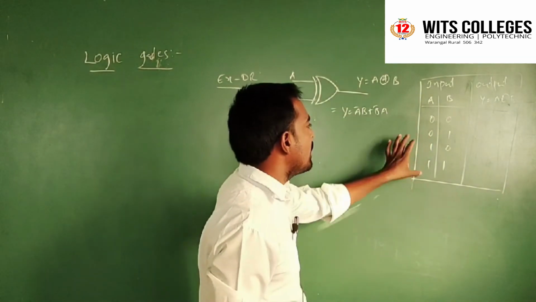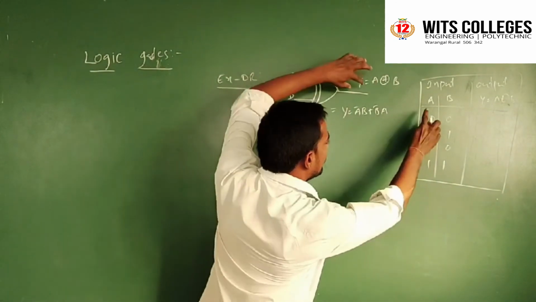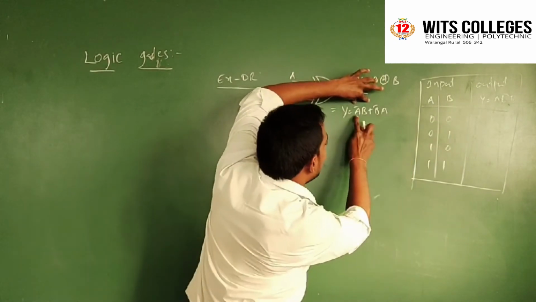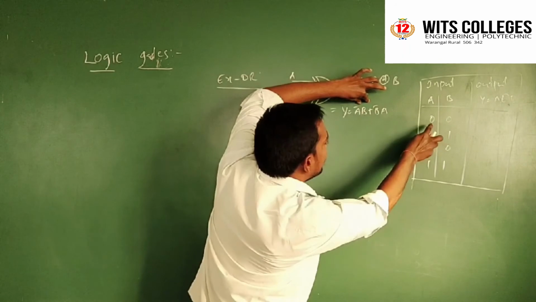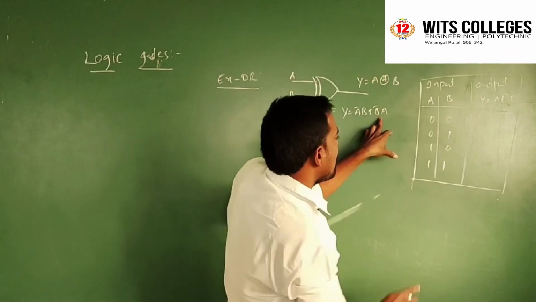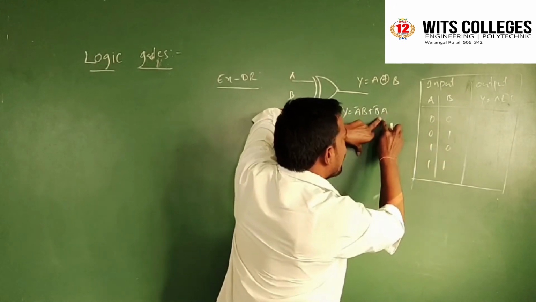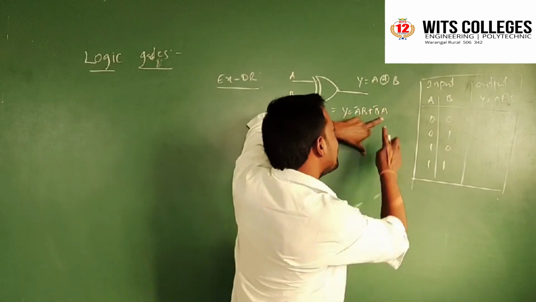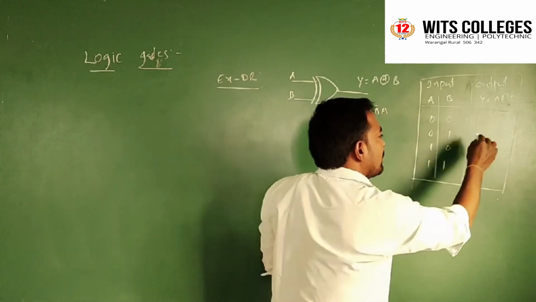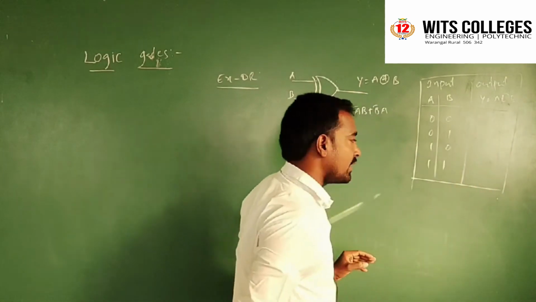Here we are taking A equal to 0 and B equal to 0. That means A bar is 0 complement, which is 1, into B equal to 0, that is 1 cross 0 equal to 0. So 0 plus 0 equal to 0 we are getting here.